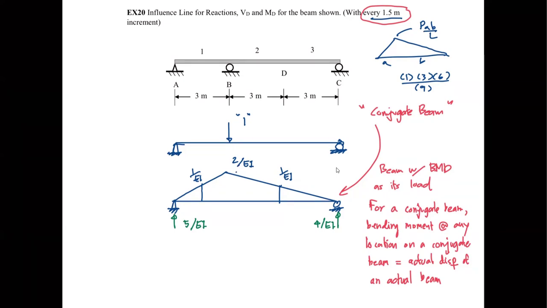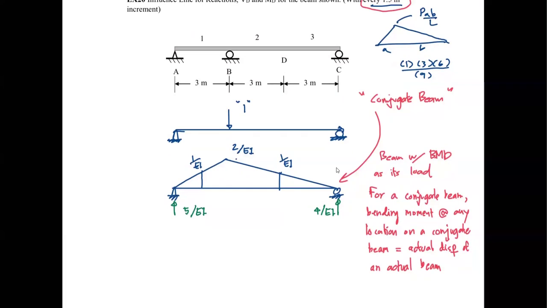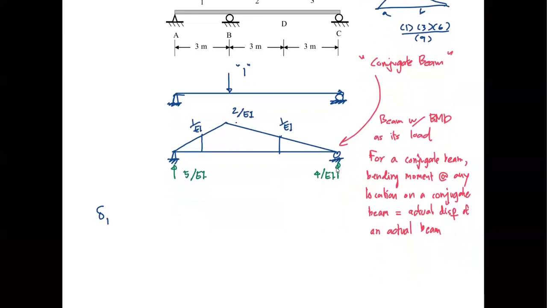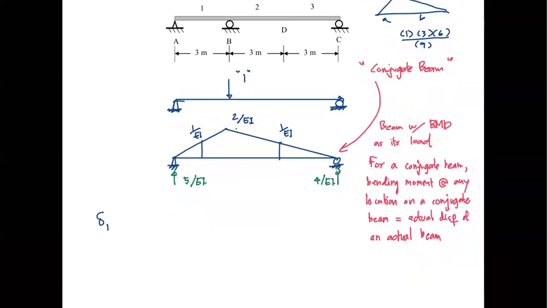So that means the displacement at number 1 here. Displacement of the actual beam at location number 1 is going to be equal to the moment at location number 1 of the conjugate beam.